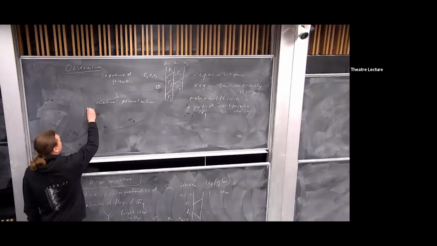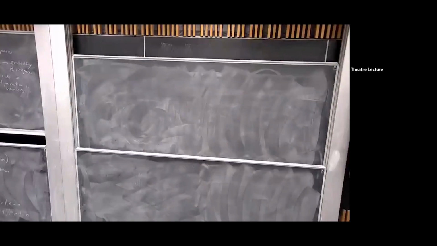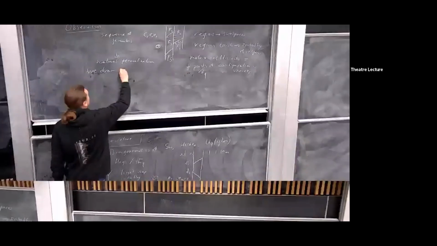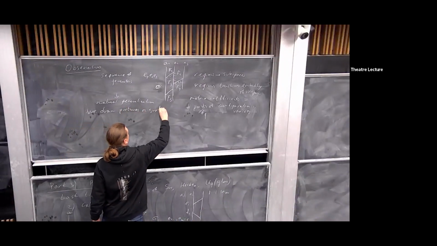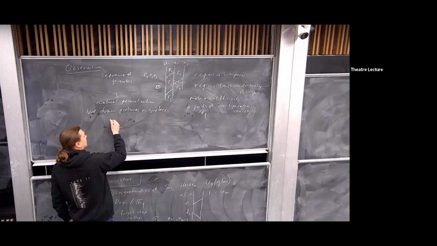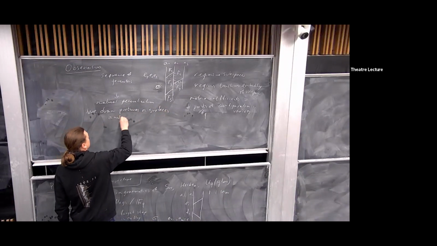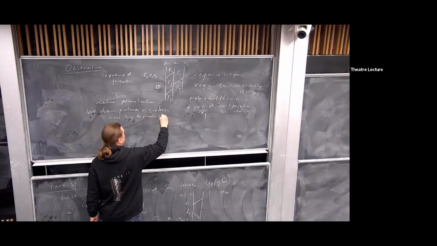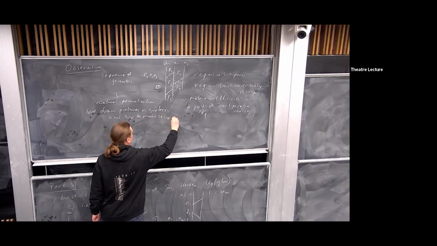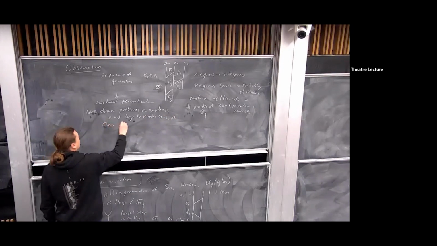So we can draw pictures on surfaces and try to make sense of them as varieties.